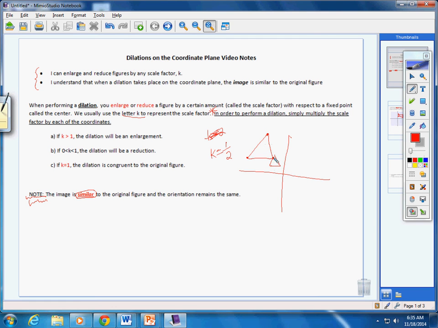And this one better be half the length of this one. So those side lengths better be in proportion to each other. This guy is exactly the same as this guy, he's just smaller. Or, if it's an enlargement, then he'll be bigger. So if you've ever seen Austin Powers, it's kind of like Dr. Evil and Mini-Me. Okay? They're exactly the same, just one's bigger than the other.